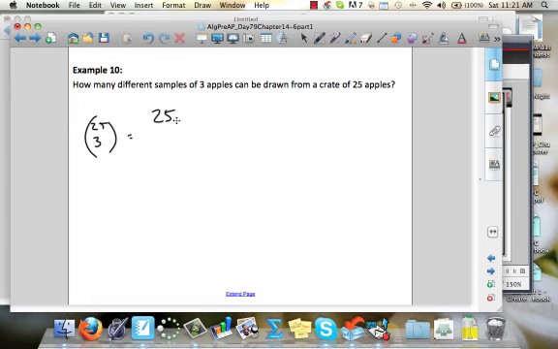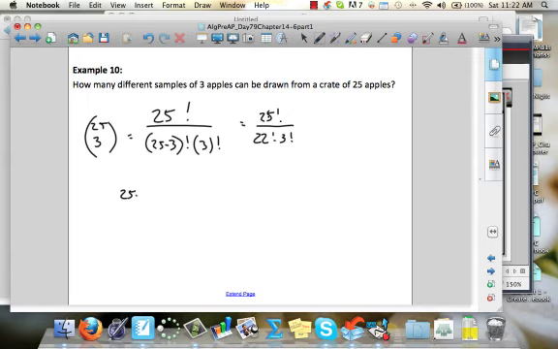That would be 25 factorial over 25 minus 3 factorial times 3 factorial, which is 25 factorial over 22 factorial, 3 factorial.